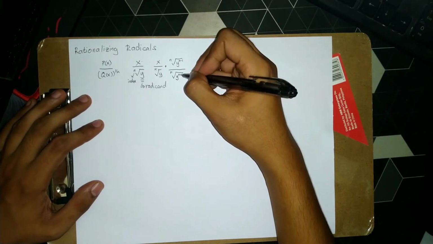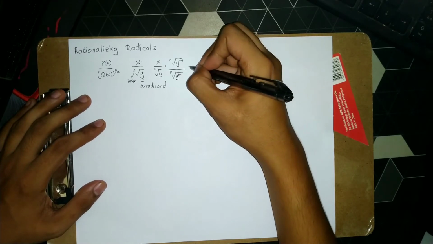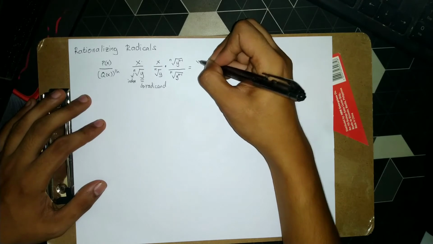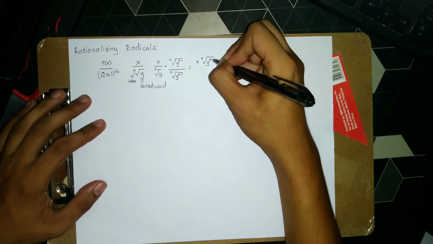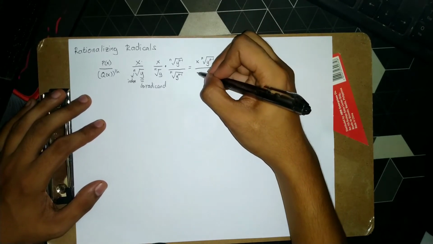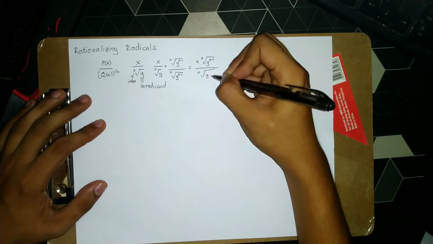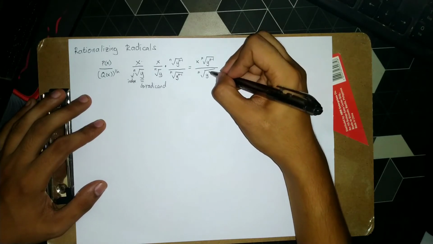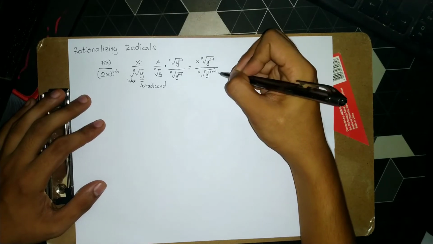Any number divided by itself except 0 is always equal to 1. This gives us x, the nth root of y raised to n minus 1, all over the nth root of y raised to 1 plus n minus 1.